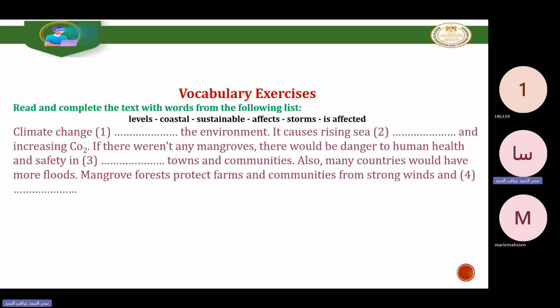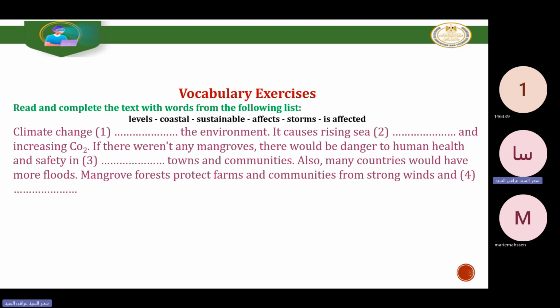Now, we are going to have an exercise about vocabulary. Read and complete the text with words from the following list: levels, coastal, sustainable, affects, storms, and is affected. Climate change dots the environment.